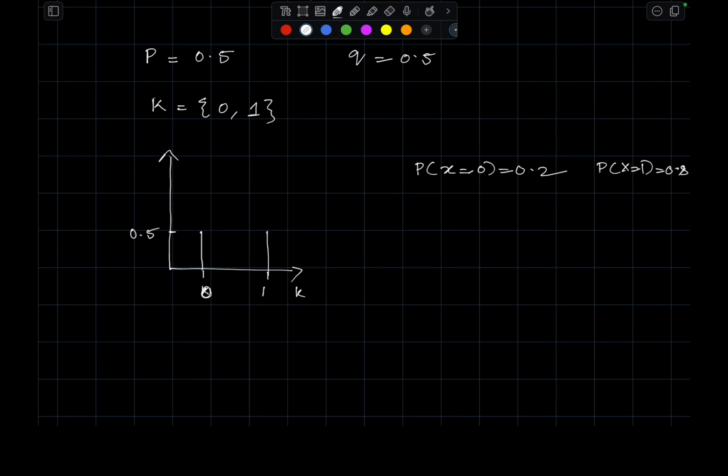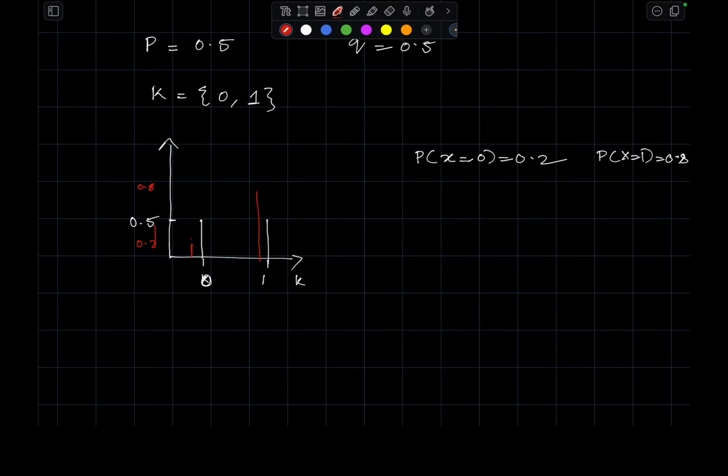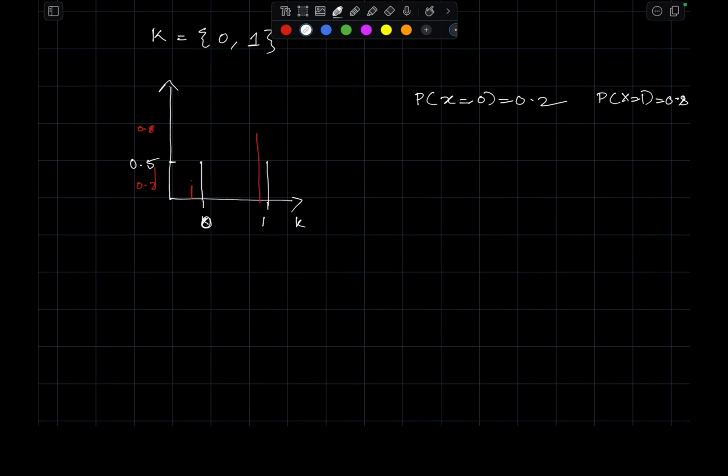So in that case, probability of 0 will be 0.2 and probability of 1 will be 0.8. And how to calculate the probability mass function here?